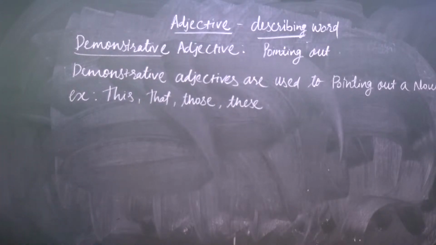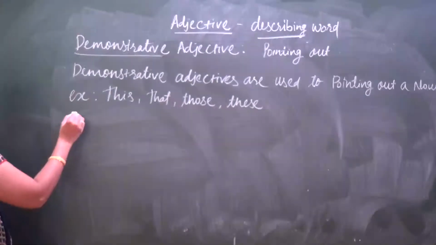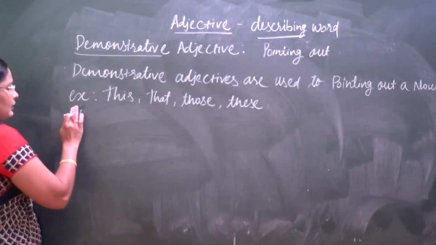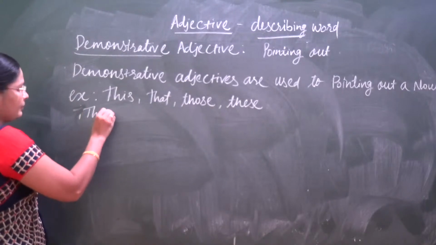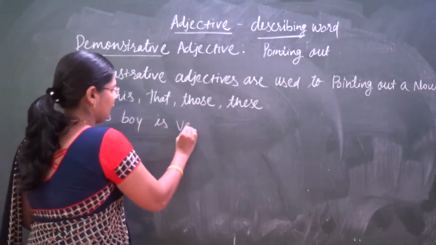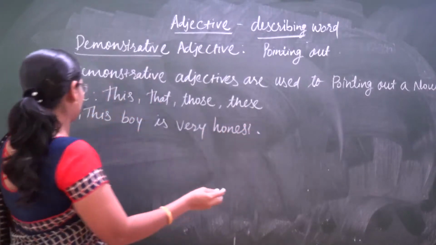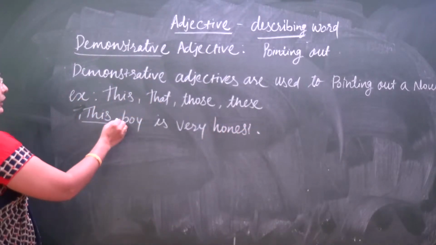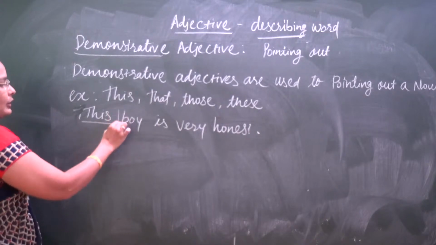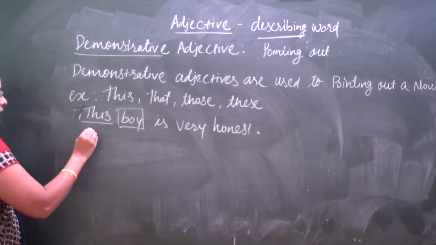For example, this boy is very honest. Which boy? This boy. This is pointing out the particular boy.